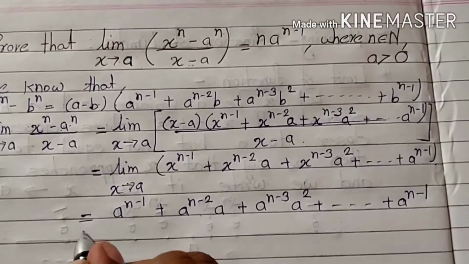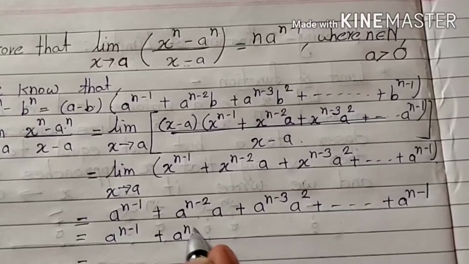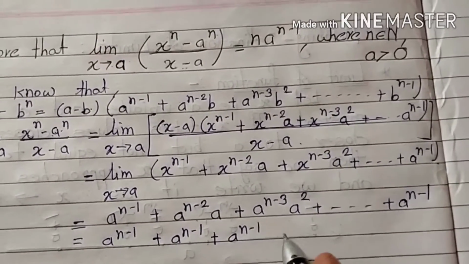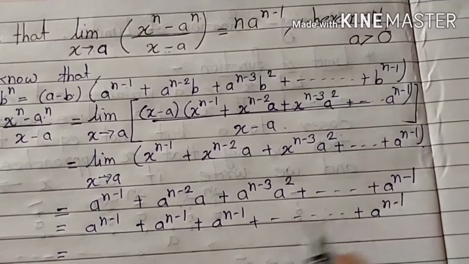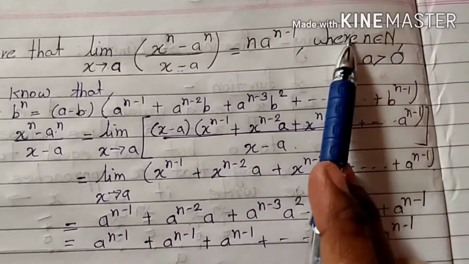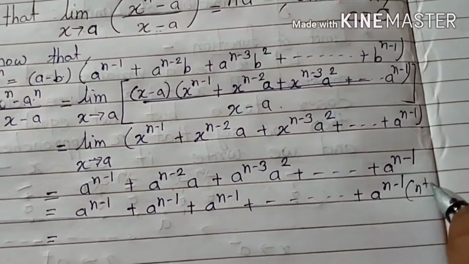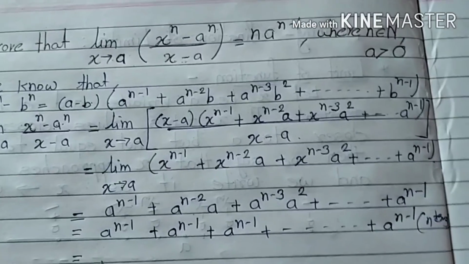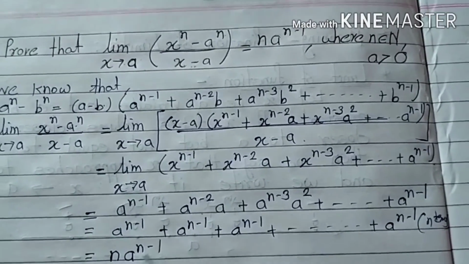So it is like that: a raised to n minus 1 plus a raised to n minus 1 plus a raised to n minus 1 plus a raised to n minus 1. So it is up to n times because we take here a natural number. So it is n terms, and that's why its addition is n into a raised to n minus 1.